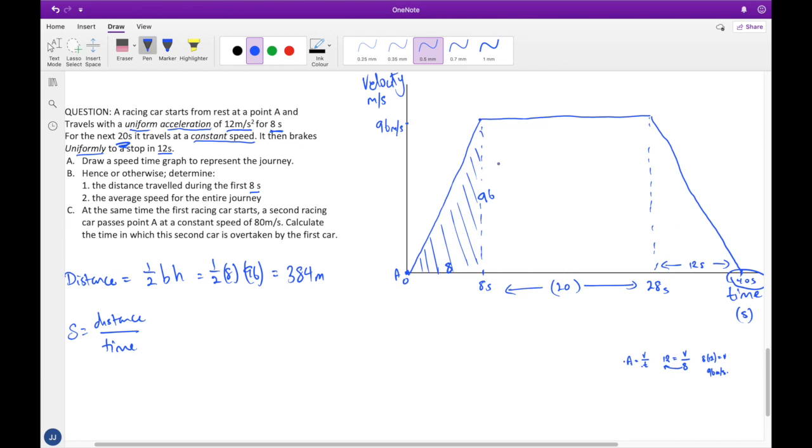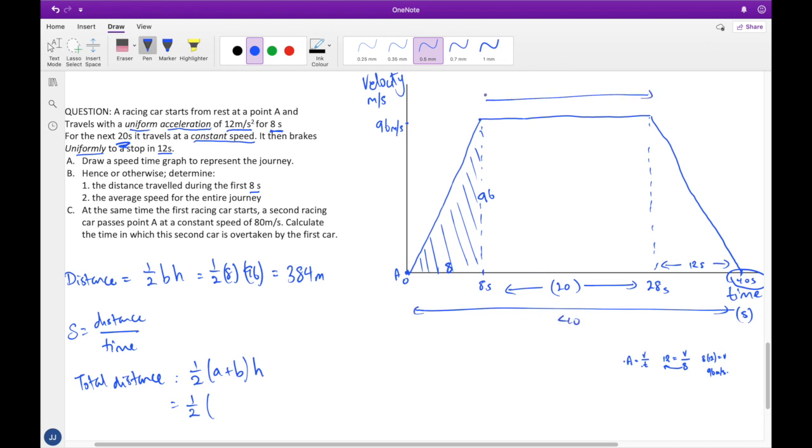Now we could see here that this graph is a trapezium. So the total distance will be the area of a trapezium, which is a half the sum of the parallel sides by the perpendicular height. And in this case, we could see that as a half, the sum of the parallel sides, one side, this underneath side here, will be 40. And this top side here will be 20. And we're reading that straight from the graph.